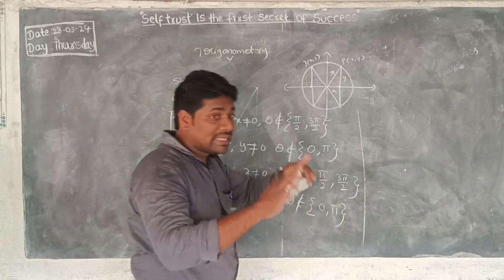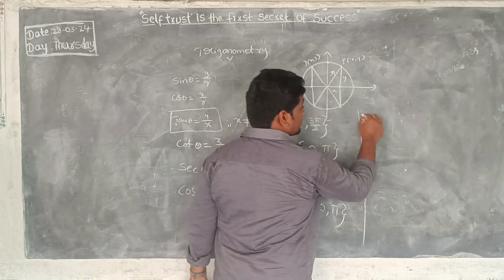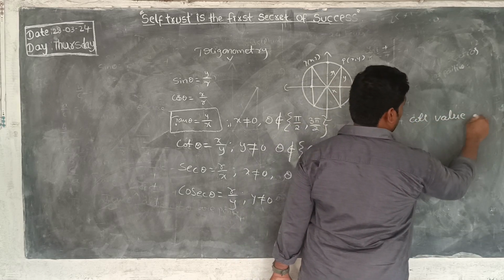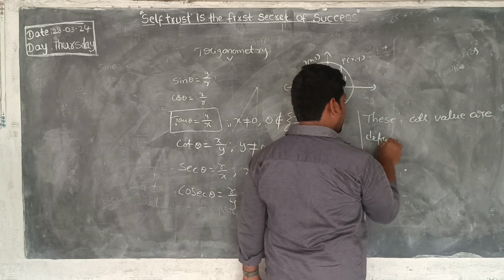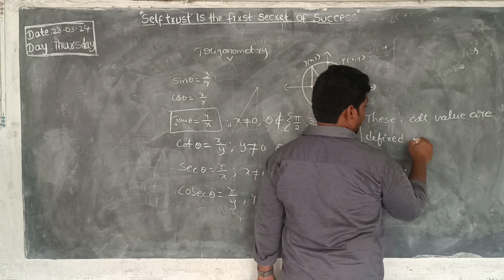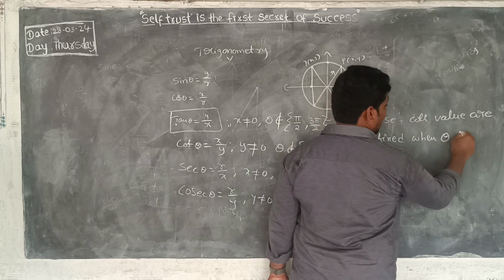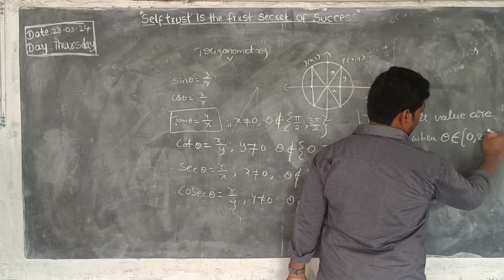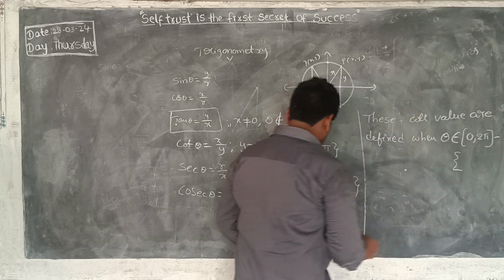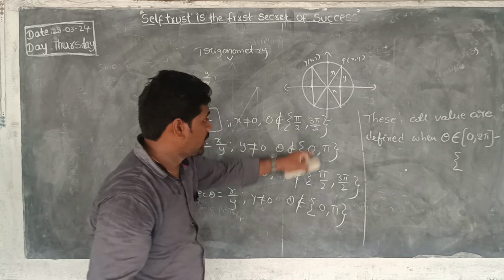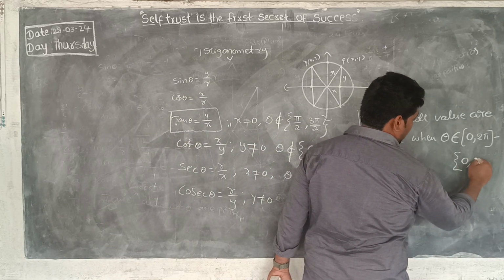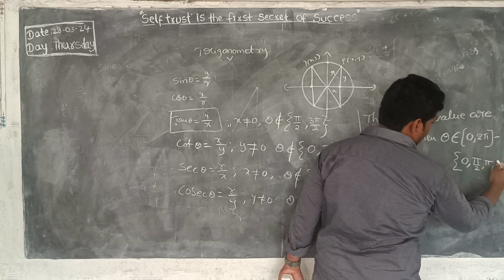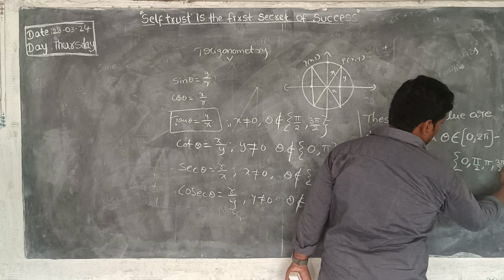All these ratio values are defined when theta belongs to 0 comma 2 pi, excluding 0, pi by 2, pi, 3 pi by 2 and 2 pi.